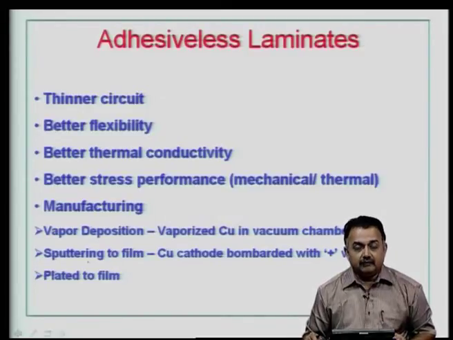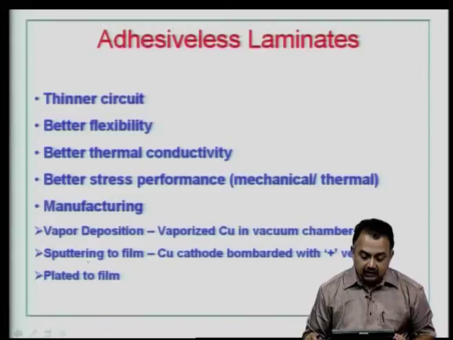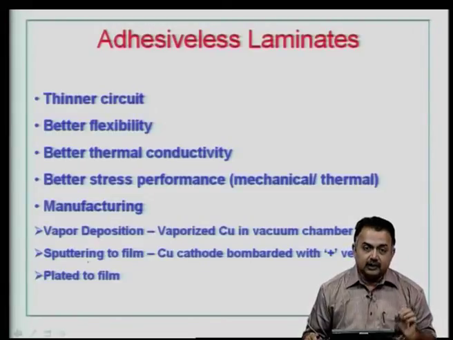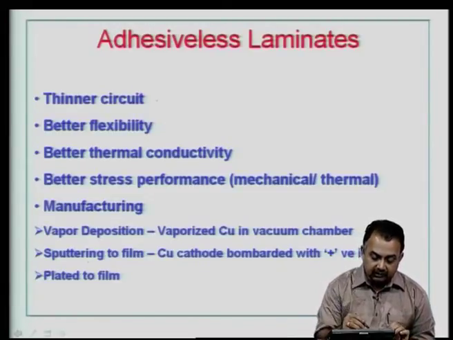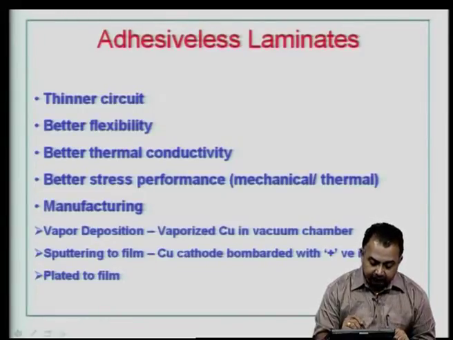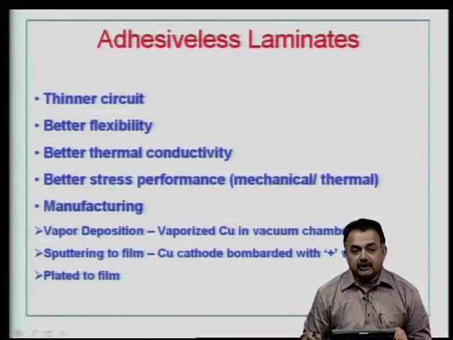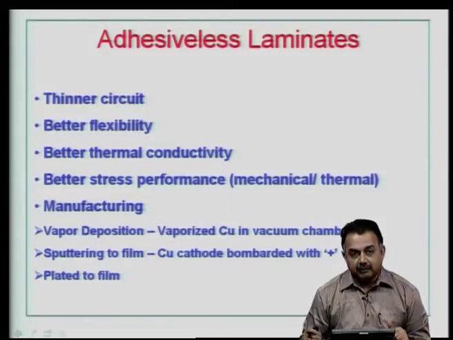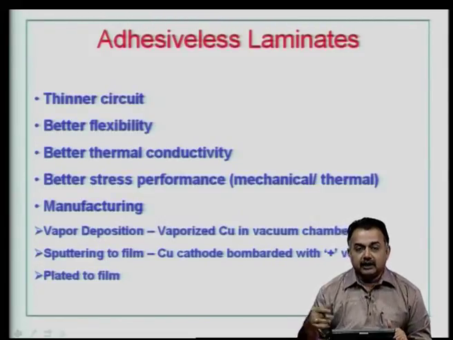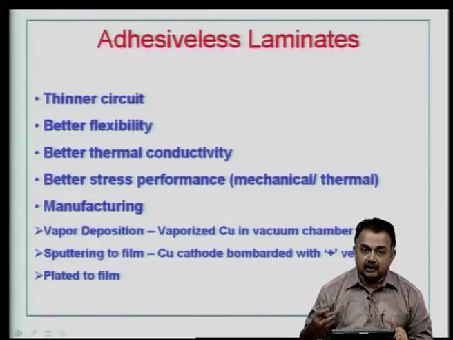There are cases when we use adhesiveless structures, which means you can reduce the thickness. So, you get a thinner circuit, better flexibility, better thermal conductivity, better stress performance, and the manufacturing is that you deposit the copper by using vapor deposition or sputtering process or simple electroplating directly onto the dielectric material.